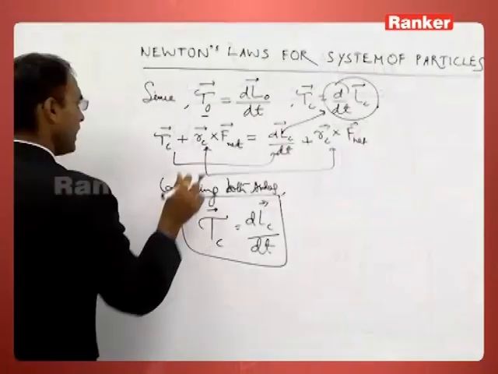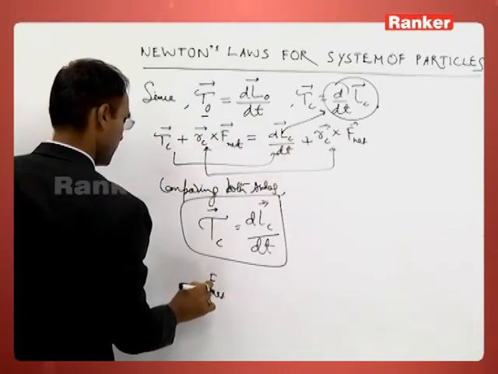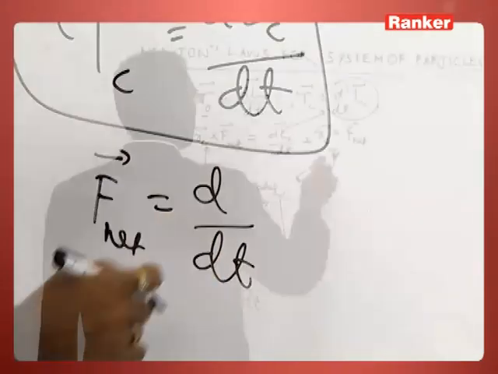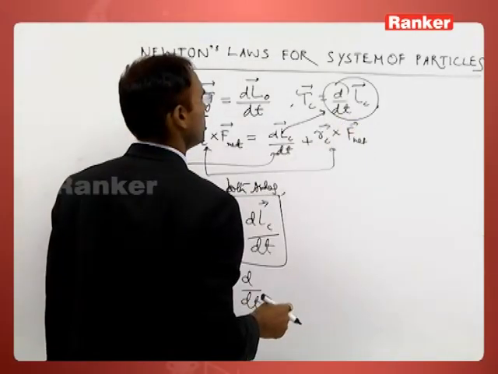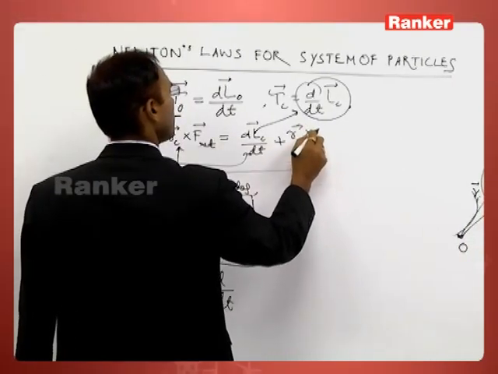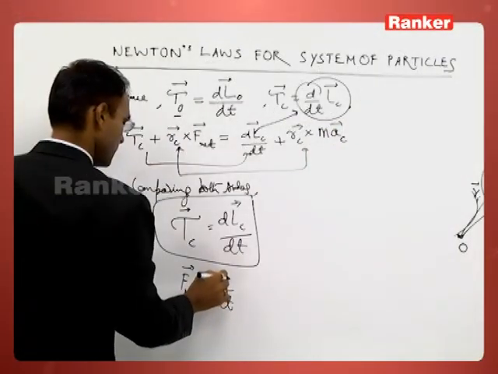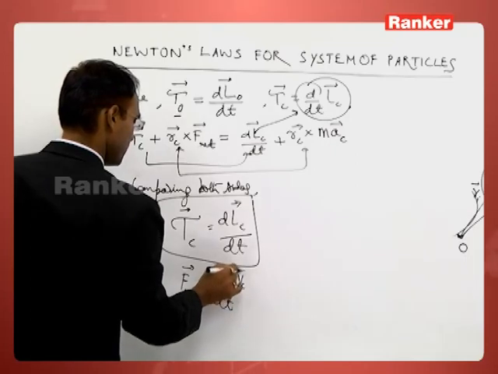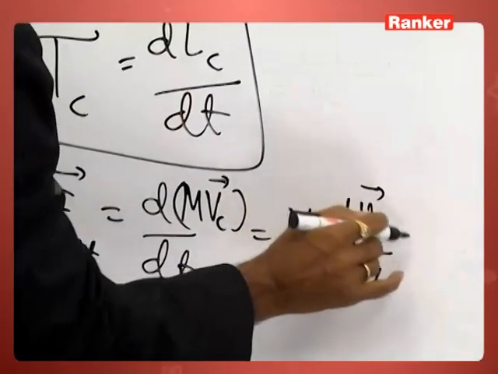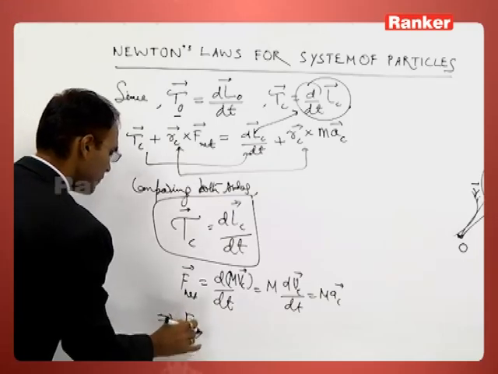This is one equation, and comparing these two, RC will be common, and we get that the net force acting on the system is equal to the rate of change of the linear momentum of the system. F net is nothing but M into AC: MVC, which is M dVC upon dt, that's equal to M into AC. Therefore, we are getting two sets of equations.